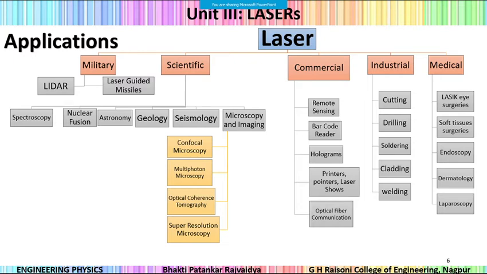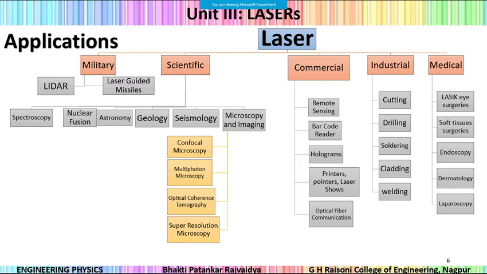One statement given by the scientist was that if you keep a mirror on the moon and send a laser beam from earth to it, the same beam size, same intense beam will be reflected back and obtained on the earth. Although it was an exaggeration, many times it was found to be true that laser can travel longer distances with the same energy, same intensity, and same size of the beam.